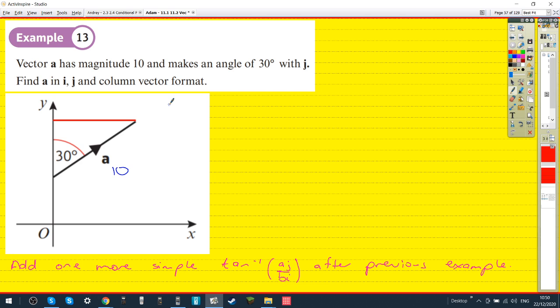So it'd be 10 cos 30, which gives you 5 root 3. And so what is this 5 root 3 in the diagram? That is the adjacent. So which side is that? Left. Yep. So that one is 5 root 3.